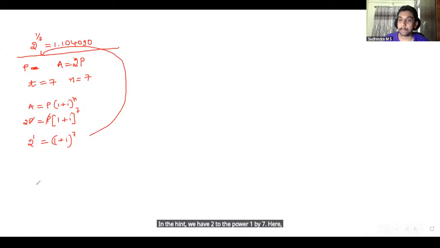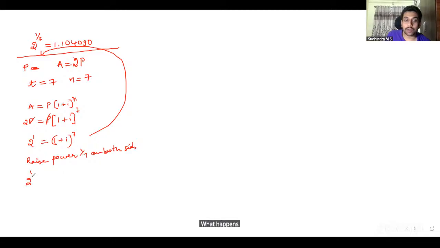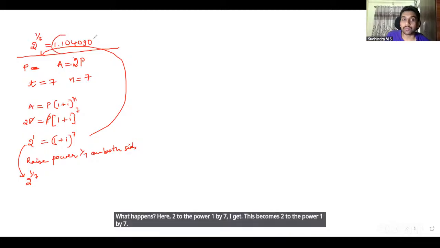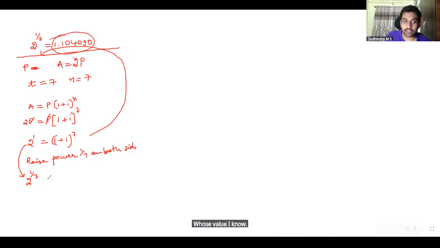So if I raise power 1 by 7 on both sides, I get 2 to the power 1 by 7, whose value I know, equals (1 plus I) to the power 7 whole power 1 by 7. 7 and 7 get cancelled.